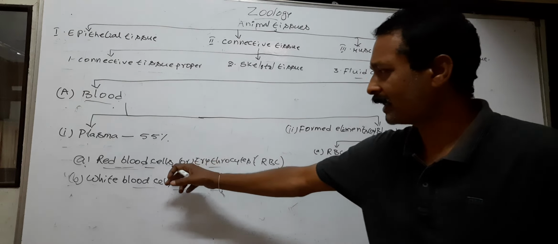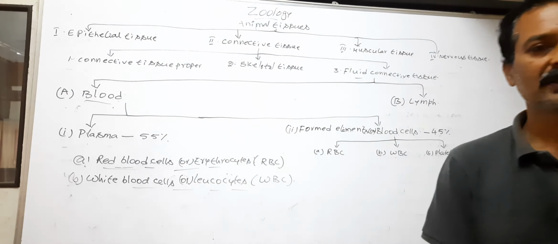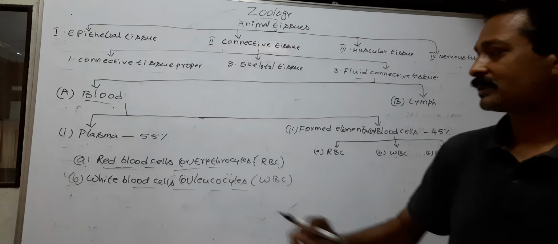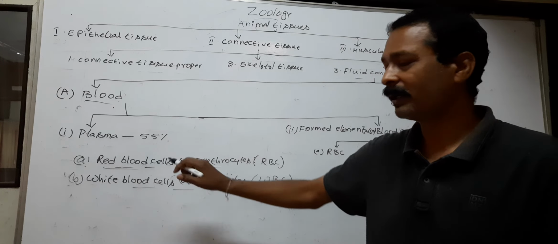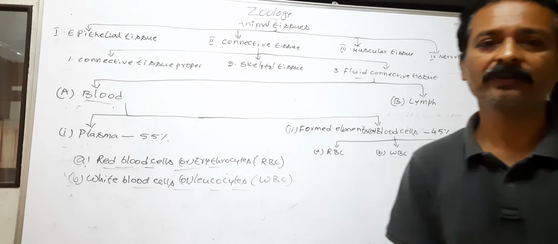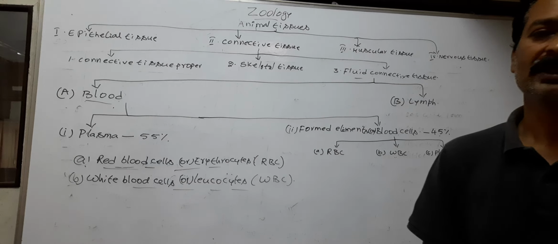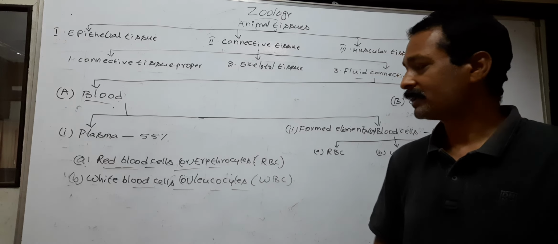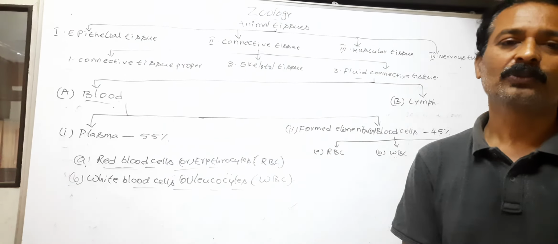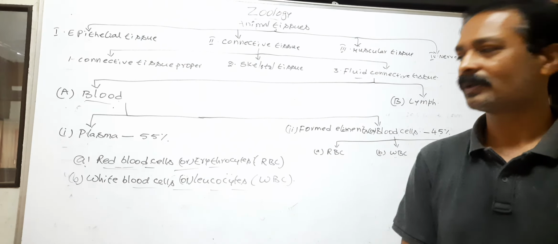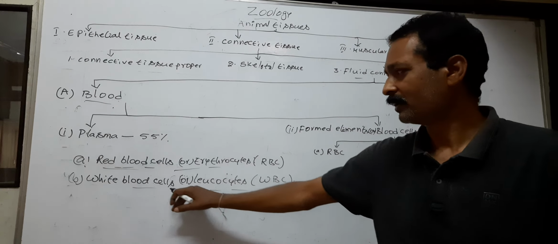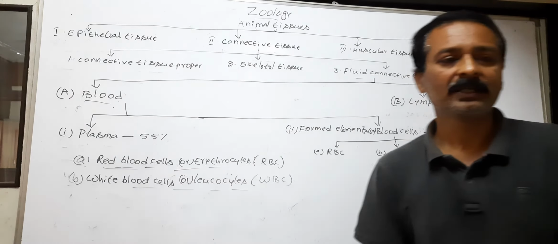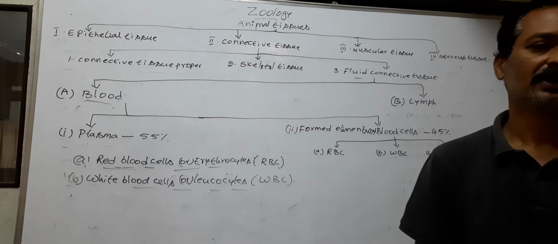Red blood cells appear red in color due to presence of hemoglobin. Red blood cells contain hemoglobin which gives red color, but the white blood cell does not possess hemoglobin. Due to absence of hemoglobin, WBC appears white in color.